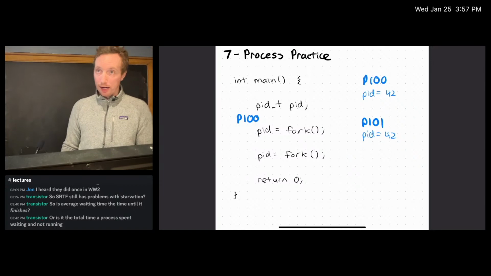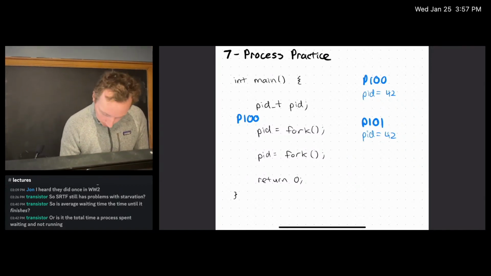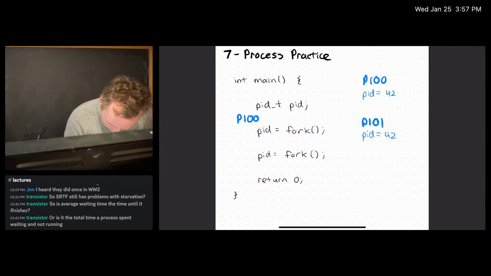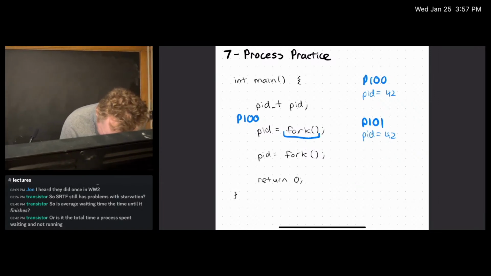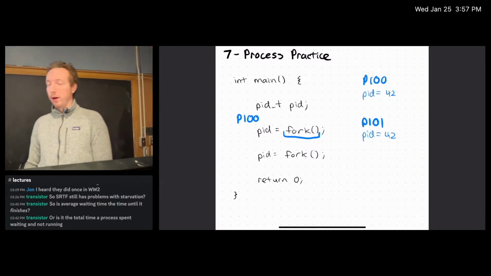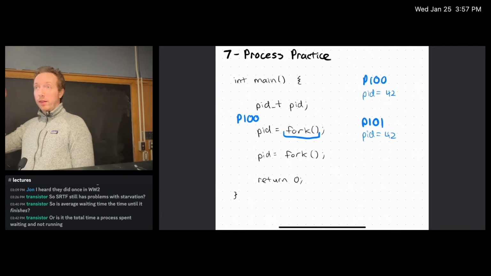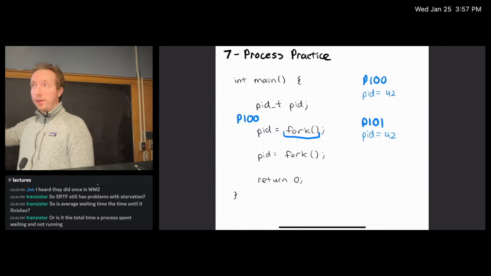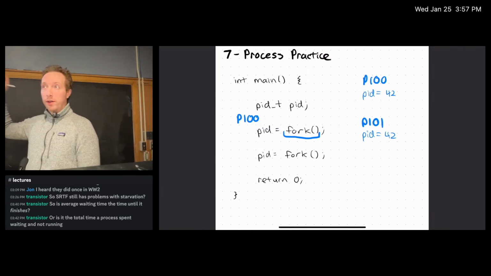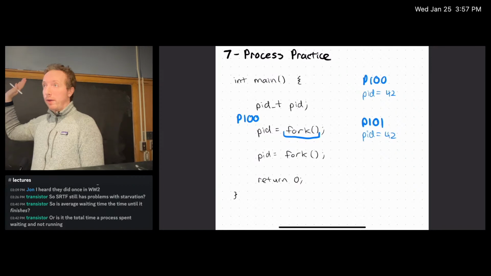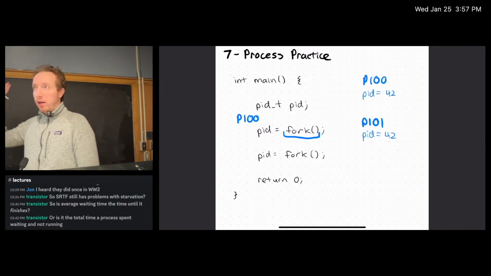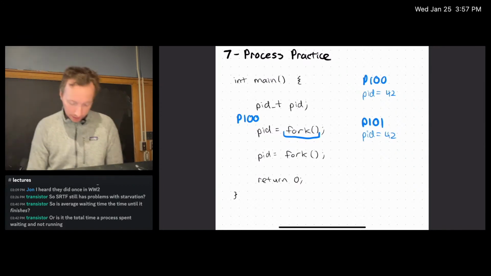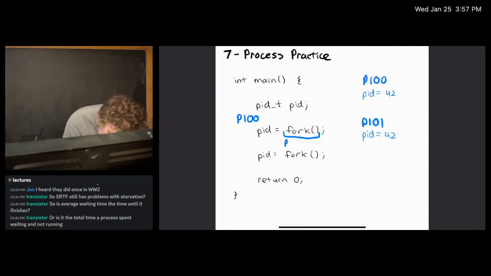So it is an exact clone. The only difference is the return value of fork. At the time of the fork, the only difference between the processes is what fork returns. And then whatever you do with that return value is independent in the processes.